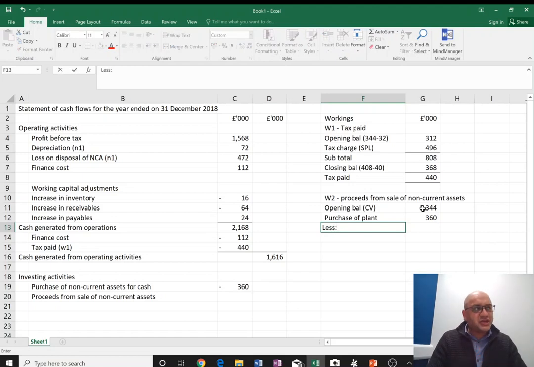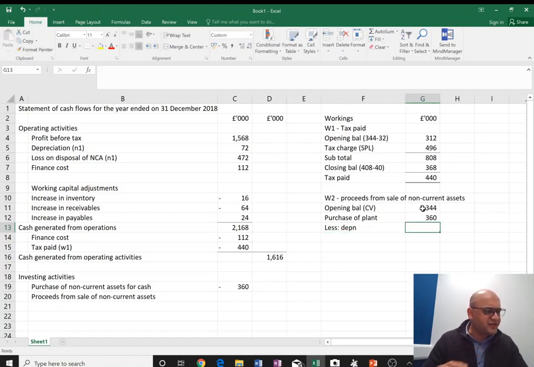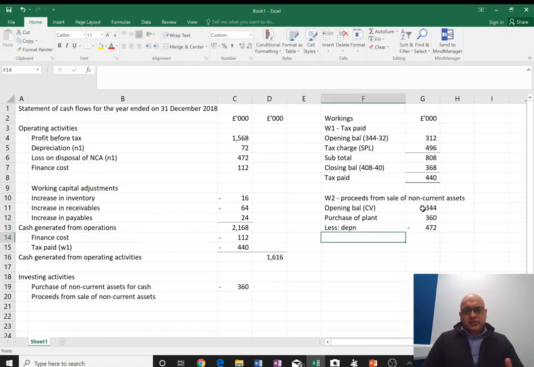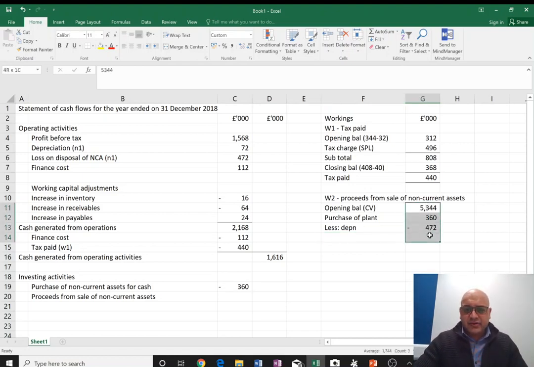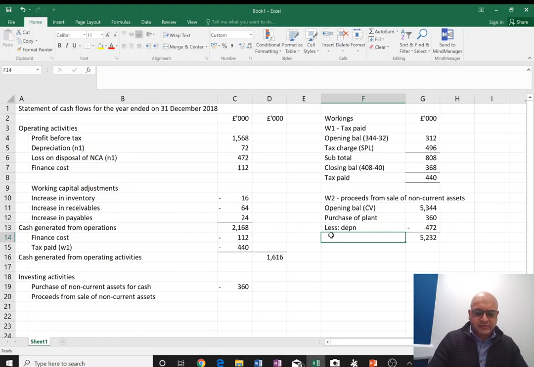There was depreciation charge for the year of 472, that will make the carrying value go down. I don't suppose in the question we have any revaluation or lease-based assets, so it is safe to do the subtotal now. Let's add it up.